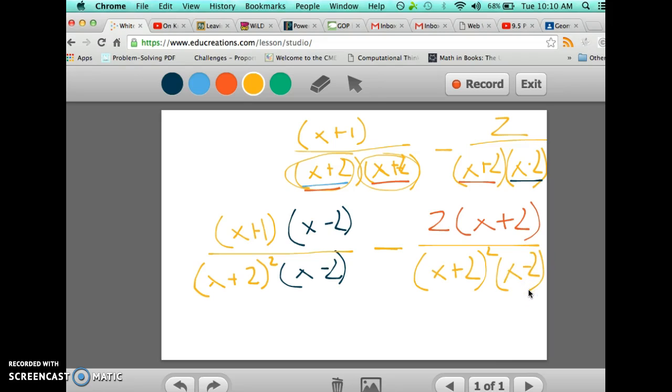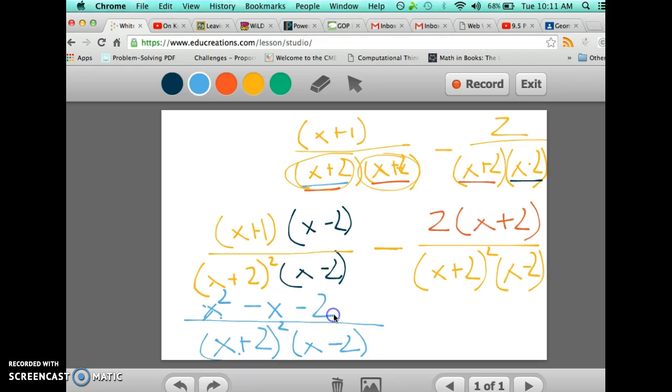Now I've got common denominators. I'm going to multiply them out. So my denominator is just going to stay the same. That's going to become one common denominator. But the top, if I FOIL that first part, I'm going to get x squared plus 1x minus 2x minus 2, minus, distributing, 2x plus 4, over the same thing.